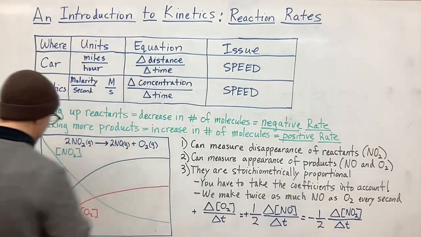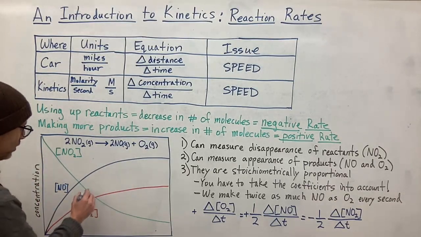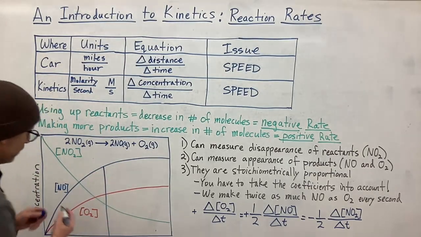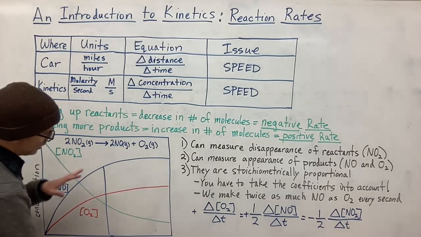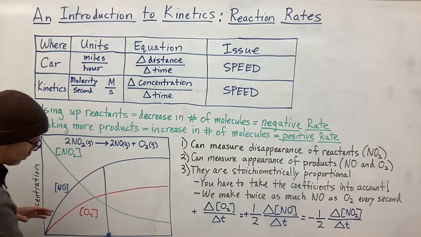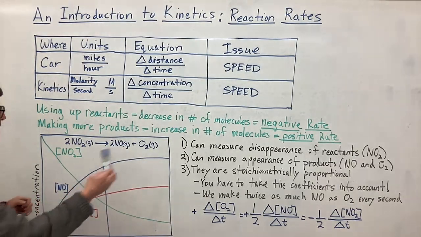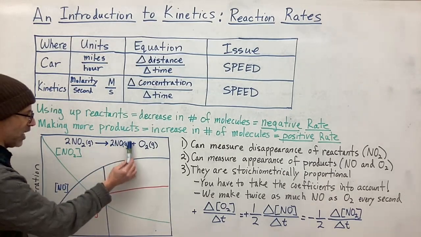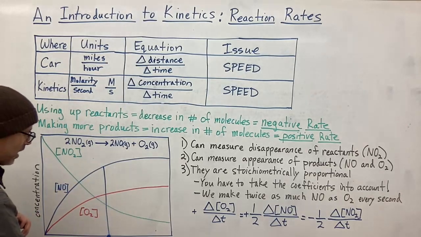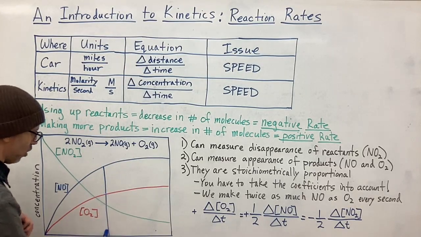The other thing I want to point out is you can see at any one moment, it's not drawn to scale, but if you draw a line at any time, what you should see is that the amount of oxygen produced should be half the amount of NO. Since, again, we're producing twice as much NO as we are oxygen, so at any given time, the amount of NO you see should be double the amount of O2.